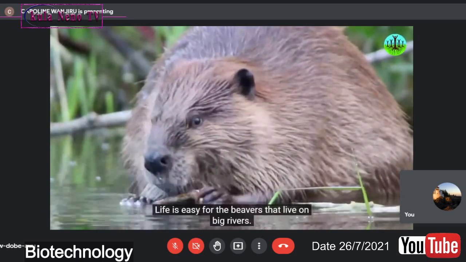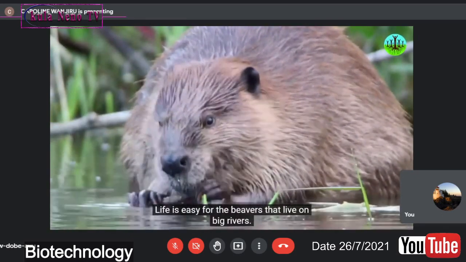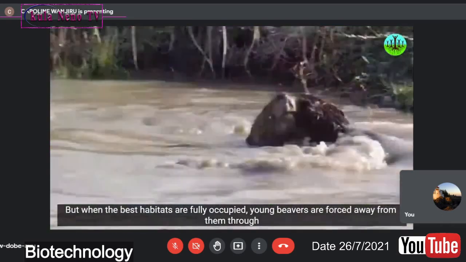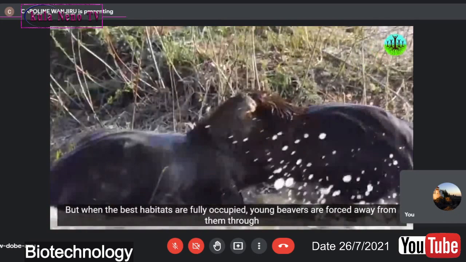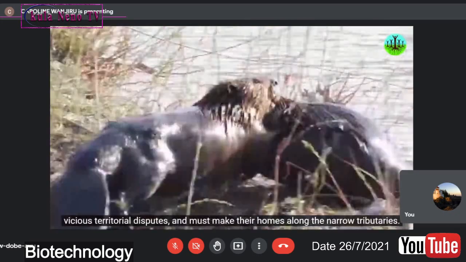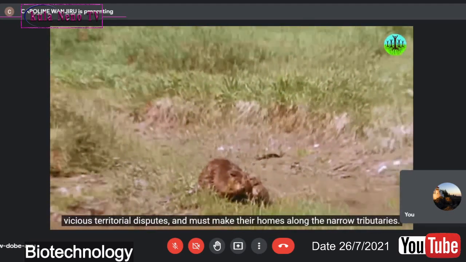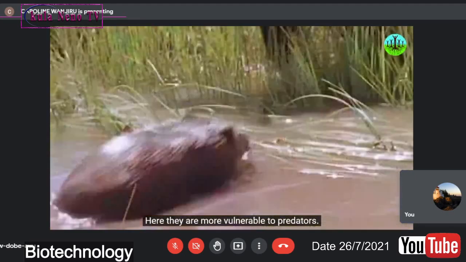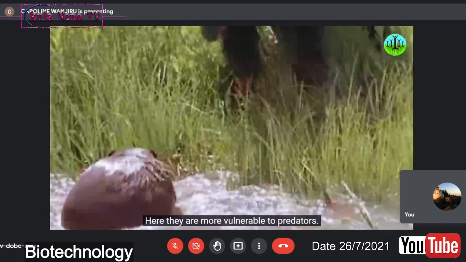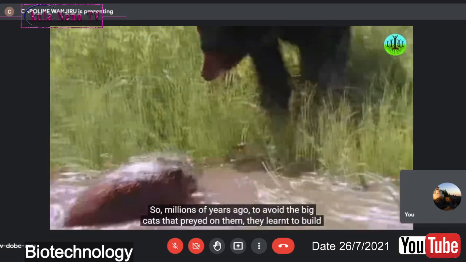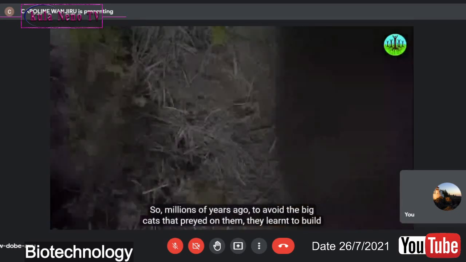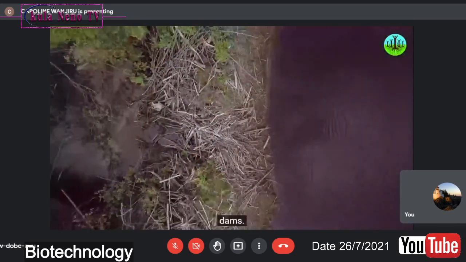Life is easy for the beavers that live on big rivers, but when the best habitats are fully occupied, young beavers are forced away from them through vicious territorial disputes and must make their homes along the narrow tributaries. Here they're more vulnerable to predators, so millions of years ago, to avoid the big cats that preyed on them, they learned to build dams.